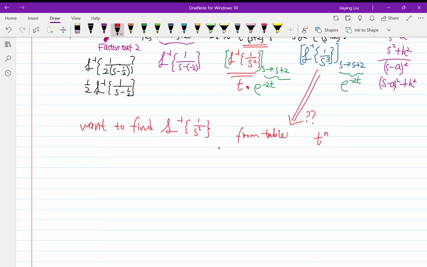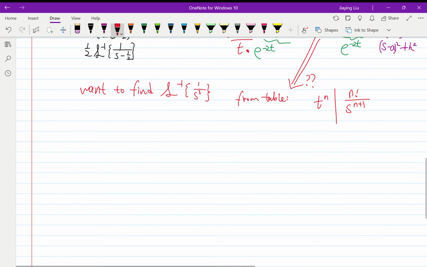We have t to the n corresponding to n factorial over s to the n plus 1. That's what we know from the table. And this is the closest that we can use, because this is the s to a power in the denominator. We're going to have to use this one. How do we use it correctly?